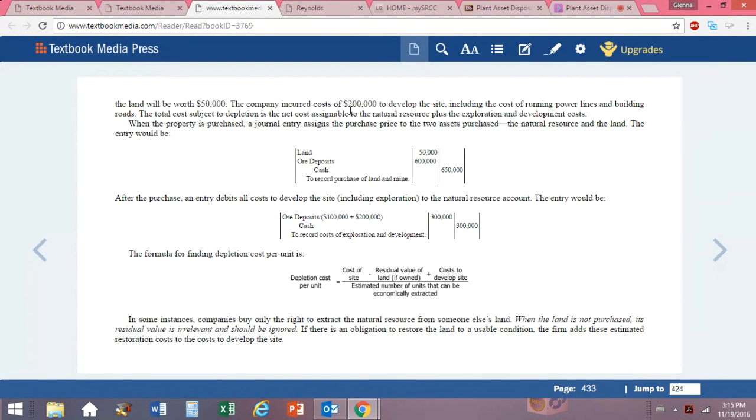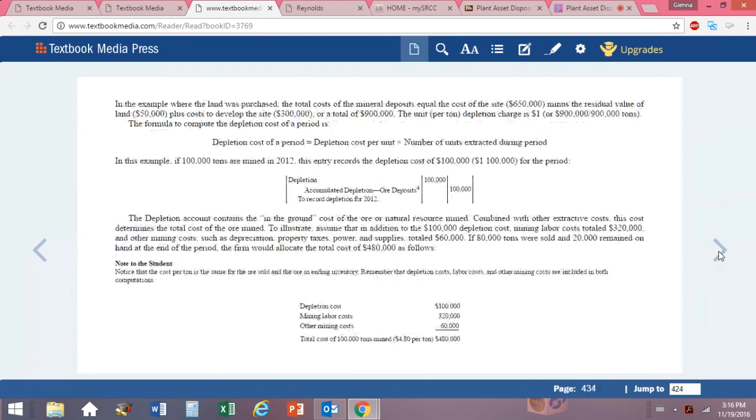And now it says the company incurred $200,000 to develop this site, including the cost of running power. So when the property is purchased, the journal entry was made: the land was $50,000, the ore deposits $600,000, for a total of cash $650,000. Then after that, they recorded the cost of exploration and development in two different entries.